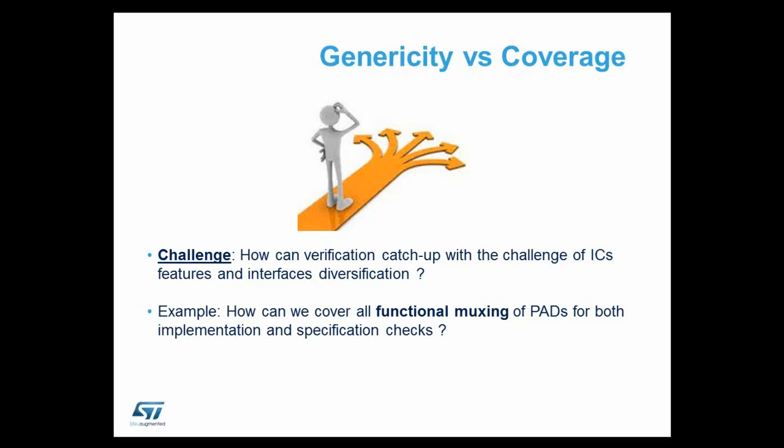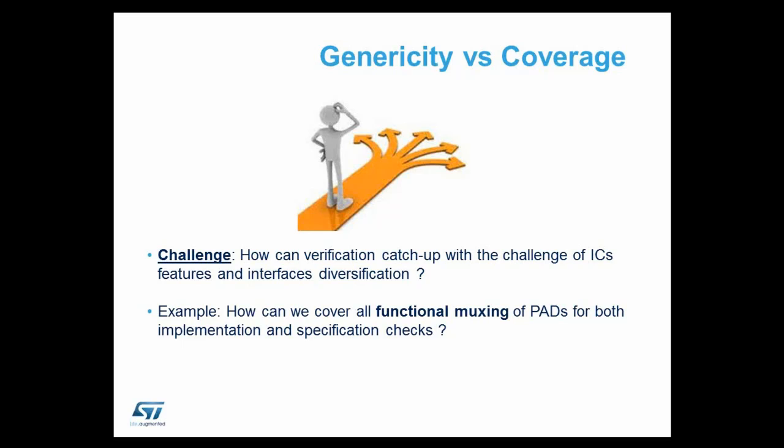Let's take one recurrent case: functional muxing of pads. With the full genericity that we aim at, we are facing a lot of use cases of pad muxing, and we want to cover this in many ways.